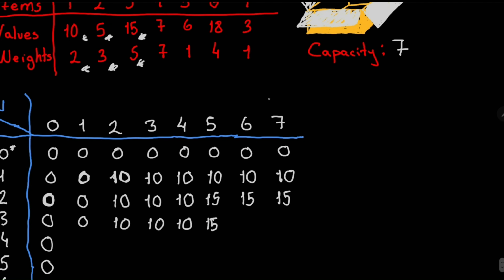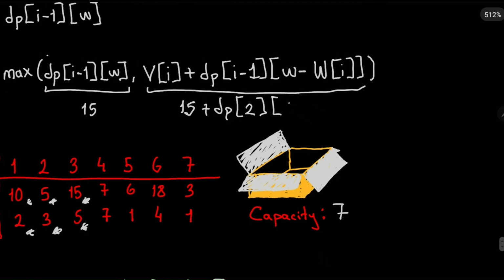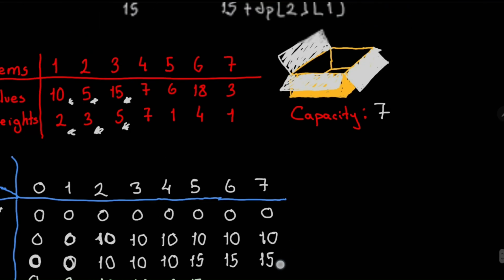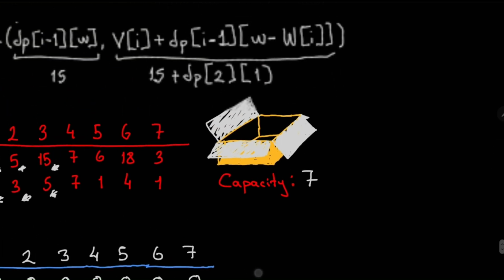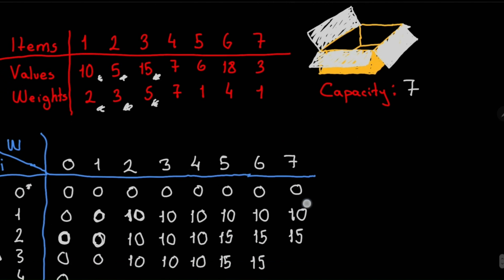Let's see when we have the current capacity of 6. When we have the current capacity of 6, 6 minus 5 gives us 1. So 2, 1, which is 0. Again, it is 15. So nothing is changed. When the current capacity is 7, it becomes 2.